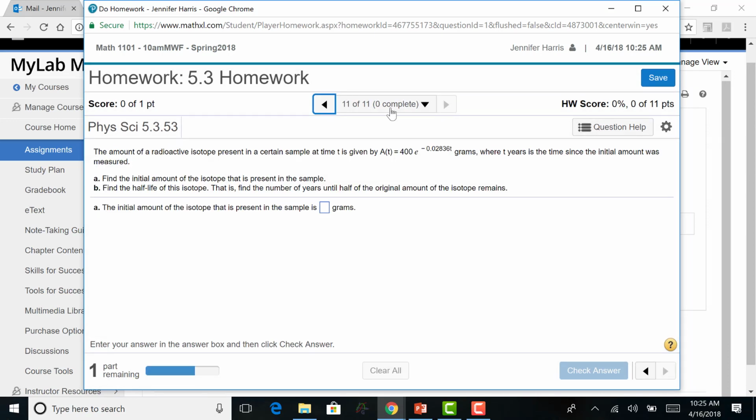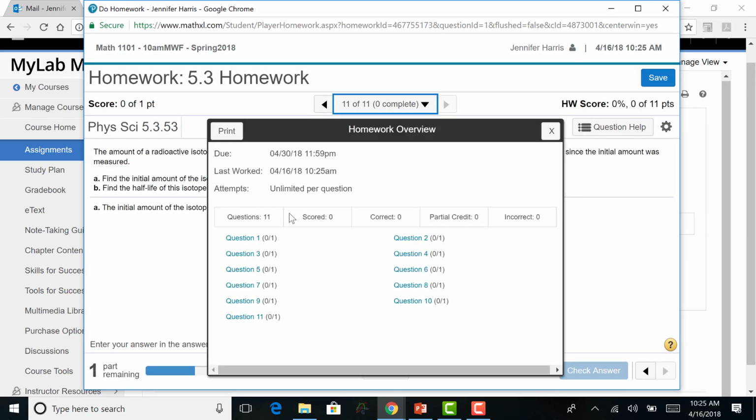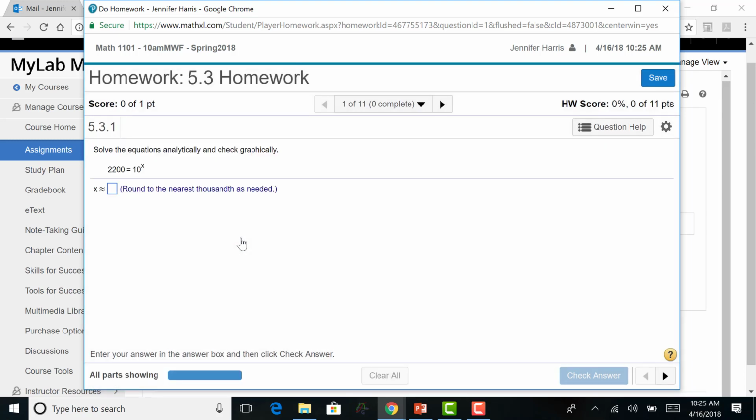Alrighty, let's go back to number 1 because I want to make sure we covered everything that you'll need to do the homework. So number 1, we know we did something like number 1. So what should I do for number 1? Do I jump right to the circle method, or do I have an A value to divide both sides by? Go jump right to the circle method. You should be able to do yours while I do mine. So mine is 2200 equals 10 to the x power.